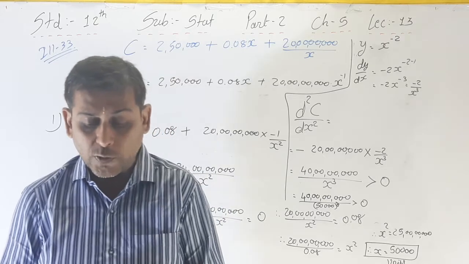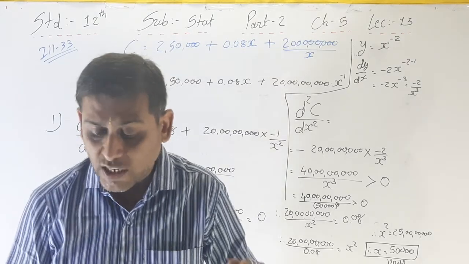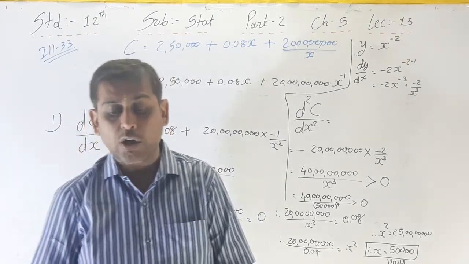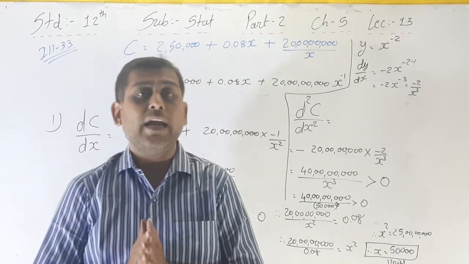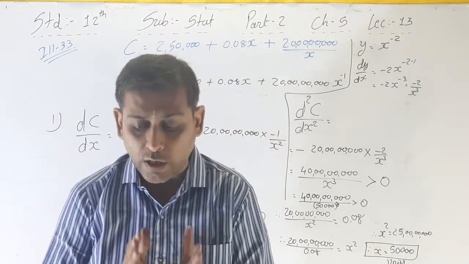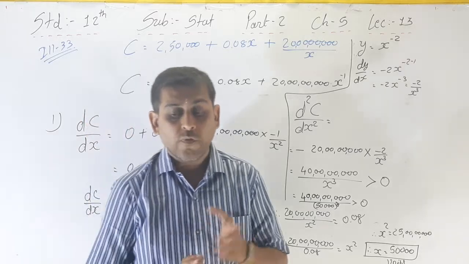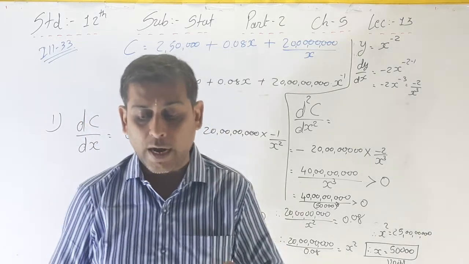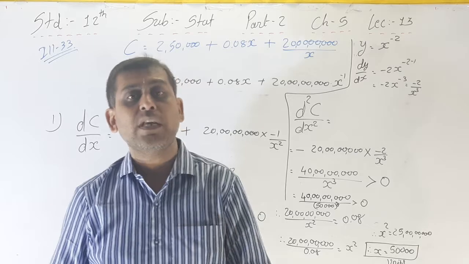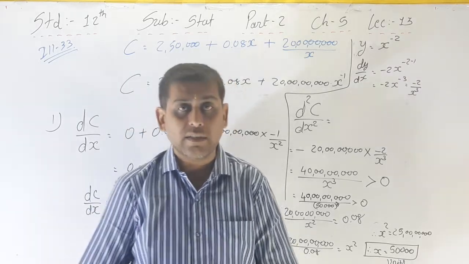That's why we have to write as final answer, the production cost is minimum at x is equal to 50,000 units. Thus 50,000 units should be produced so that the production cost is minimum. That is the final answer.